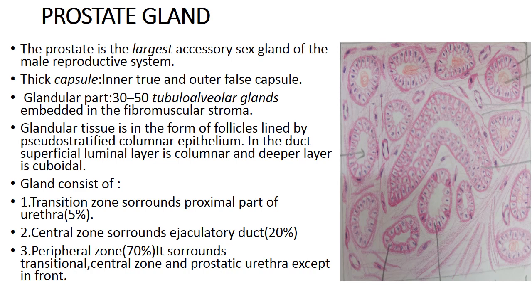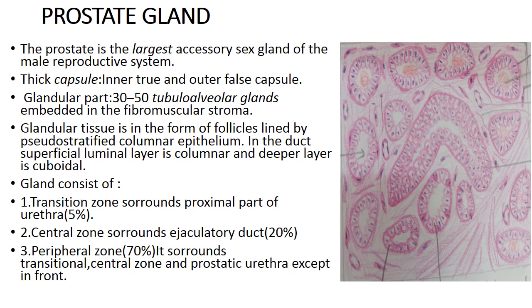The glandular tissue is mainly formed by follicles. So we can see in the diagram, the glandular tissue is formed by follicles which are lined by pseudostratified columnar epithelium. The follicles drain into 12 to 20 excretory ducts that open in prostatic urethra. And in the duct, the superficial luminal layer is columnar and the deeper layer is cuboidal.